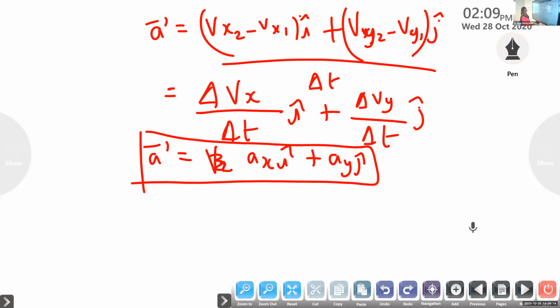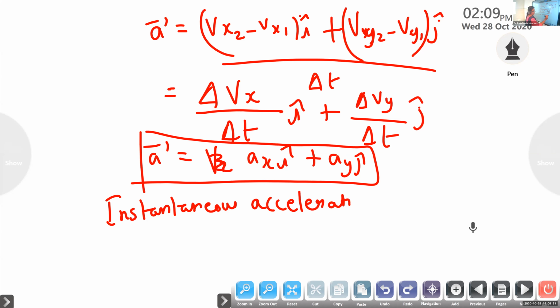Similarly, now we can go for instantaneous acceleration. I'm not going into detail. We can just summarize by applying the limit. It is the same, only the term is different.